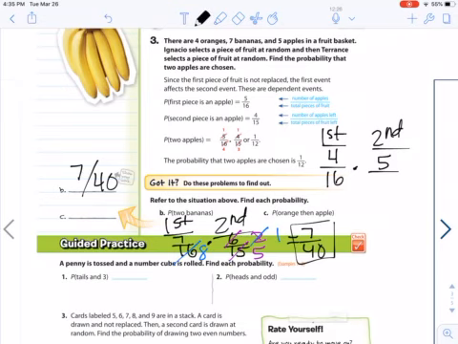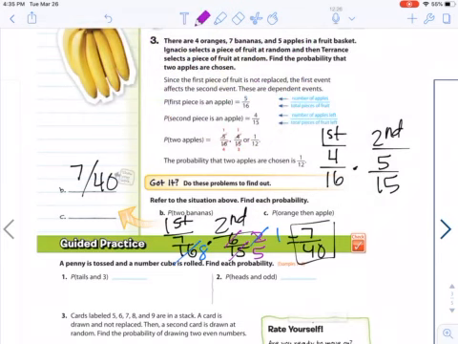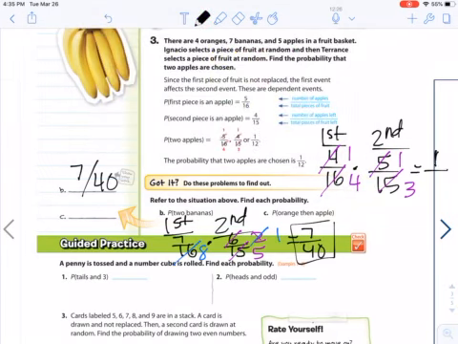But now there's not 16 pieces of fruit, there's only 15. Again, I'm going to cross cancel this, so this becomes 1/3 because I could divide each of those by 5. I can also reduce 4/16. I can divide each of those by 4. And then multiply sideways, and you should get 1/12. So C is 1/12.